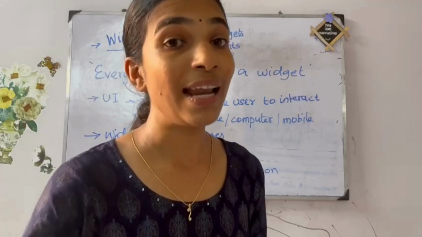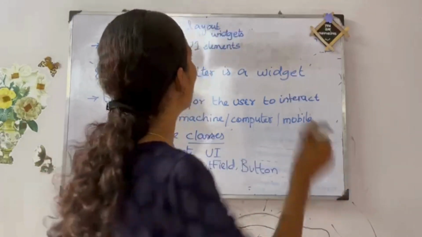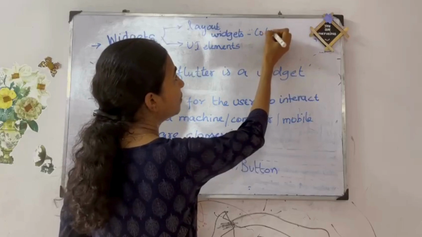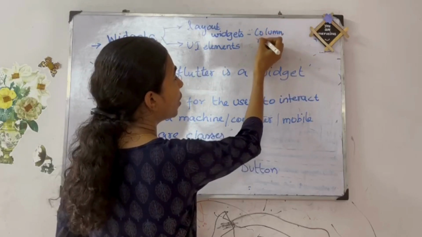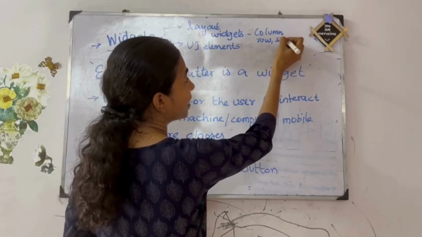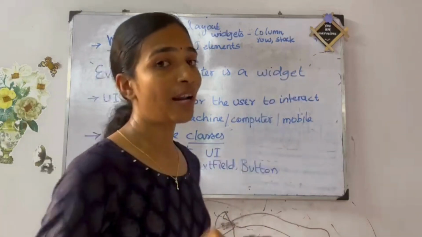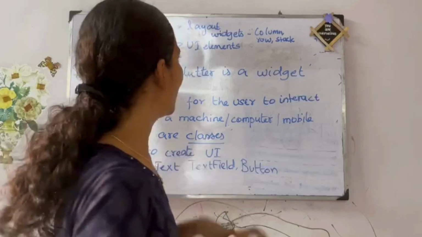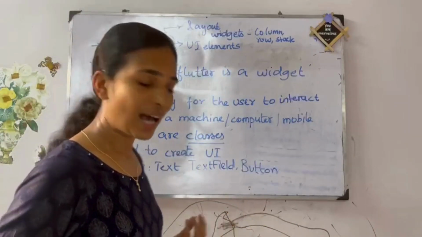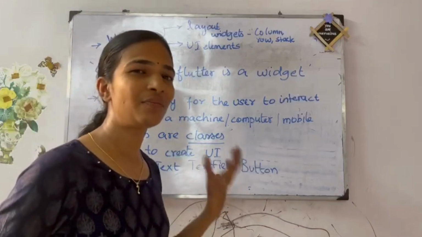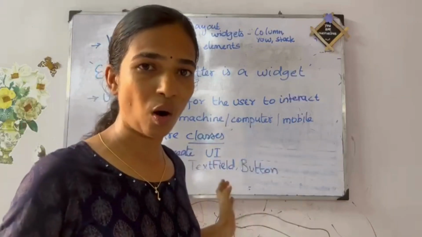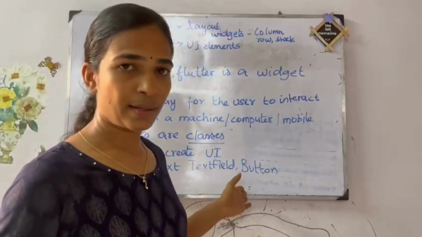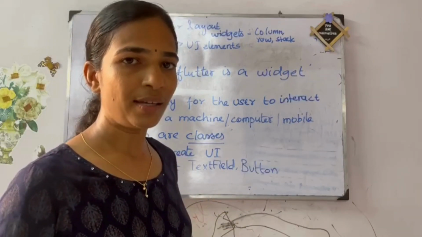The different layout widgets are like I showed you: Column, Row, Stack, and many more layout widgets are there. UI elements are nothing but the actual TextField; these are visible, we can visually see all these widgets. So they are the UI widgets.